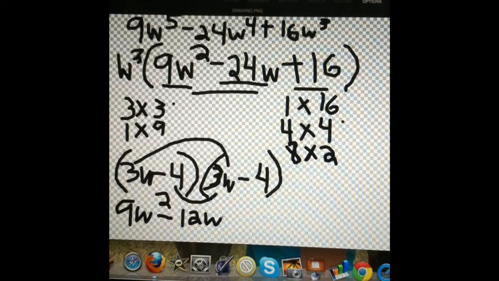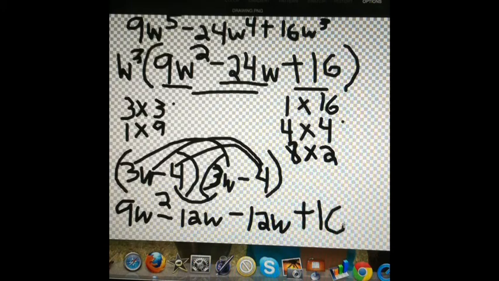Then you're going to do 3w times negative 4, so this one times this one, and you're going to get negative 12w again. And then you're going to do negative 4 times negative 4, and you're going to get a positive 16.